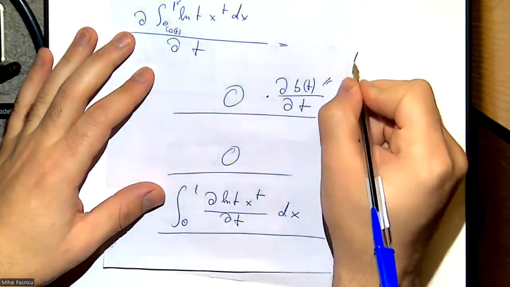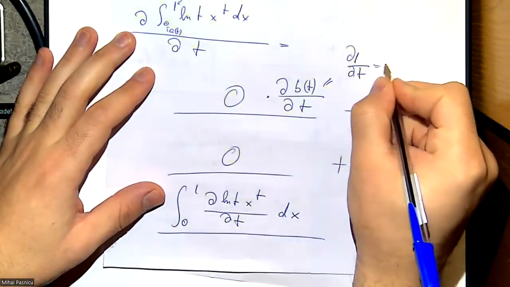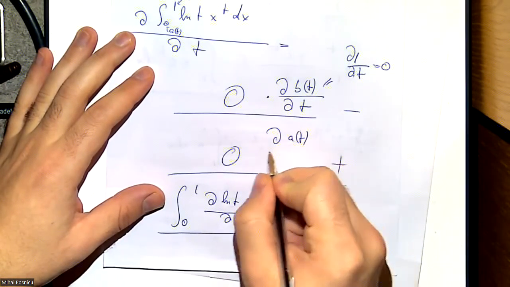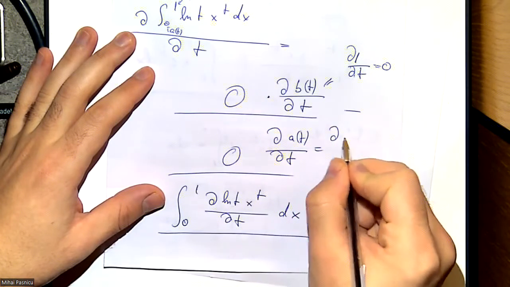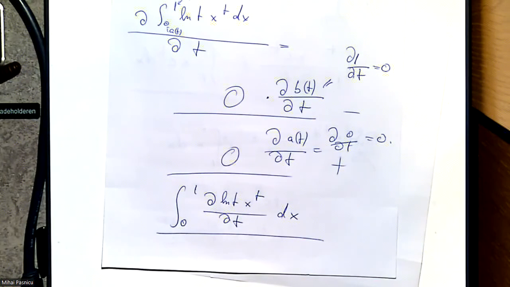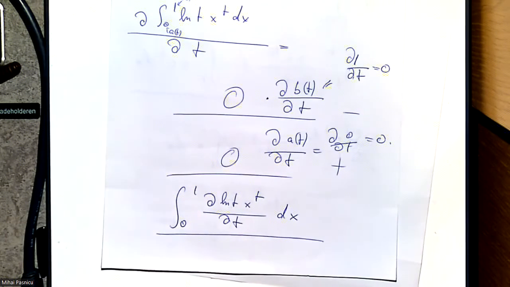So in my case, it would just be the derivative of 1 with respect to t, which is 0. And in this case, it would be the derivative of a of t, the derivative of 0 with respect to t. This is again 0. Does everyone understand now why those two terms just become 0 when I have constant edges or margins of integration?